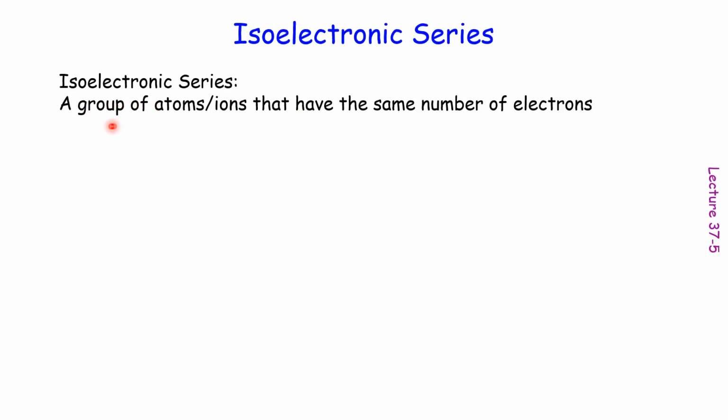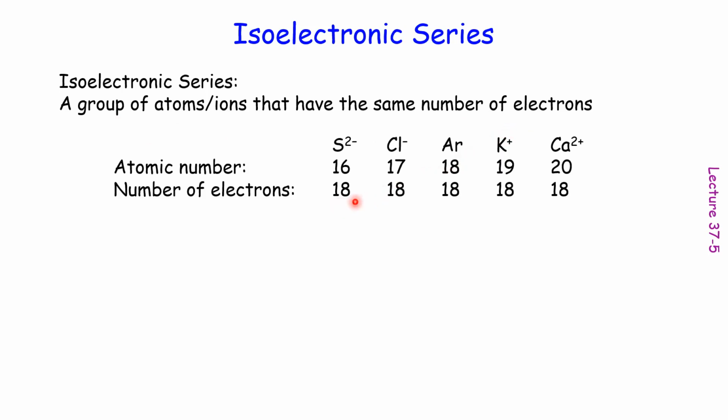Isoelectronic series is a group of atoms or ions that have the same number of electrons, like what you see here. So you have atom, you have anions, you have cations. First, let's look at the atomic number for those elements. The atomic number also means the number of electrons in those atoms.